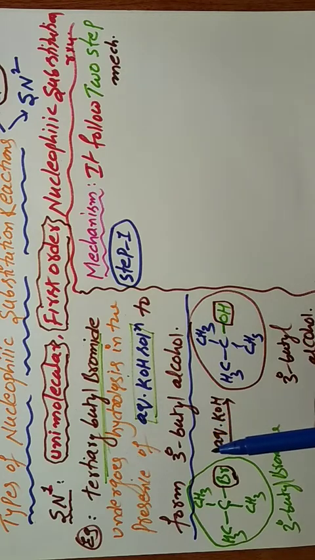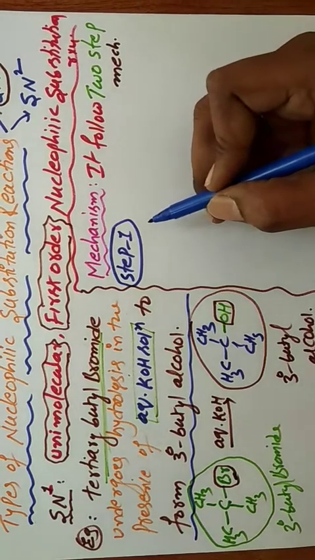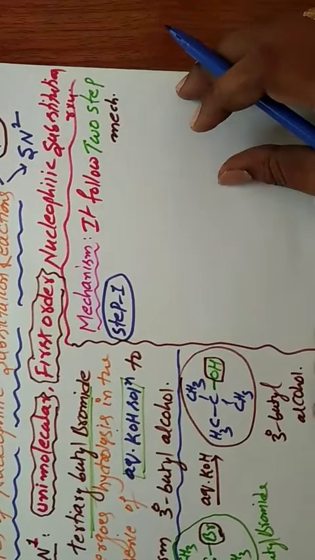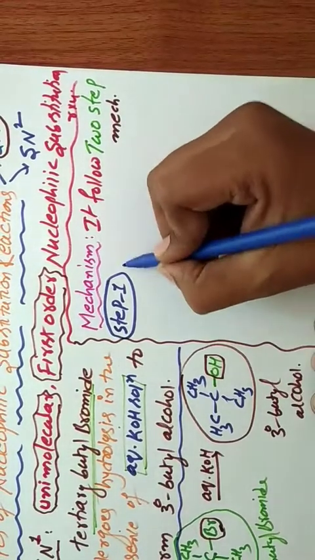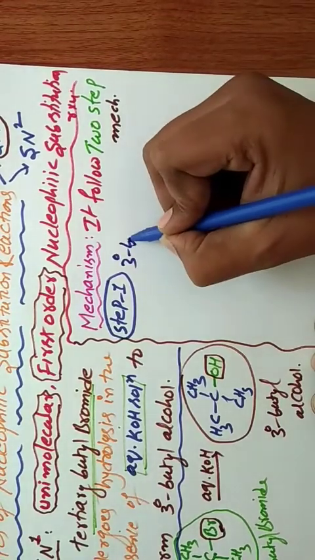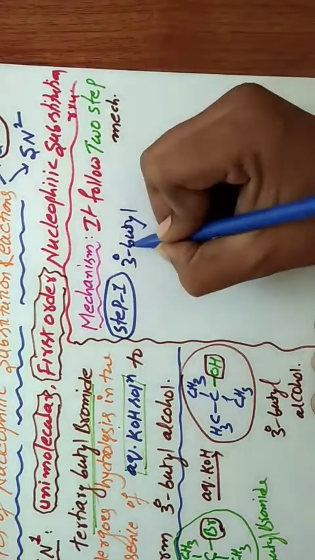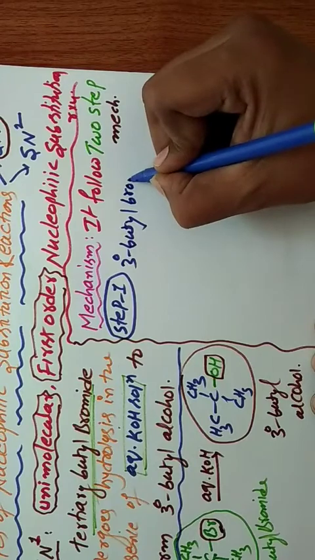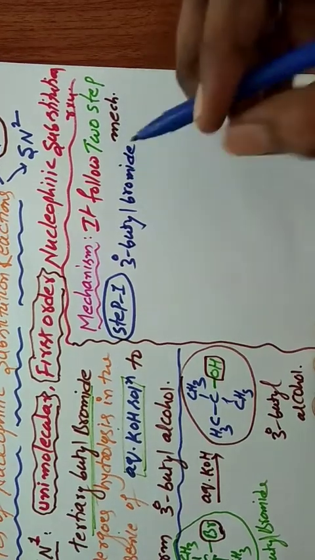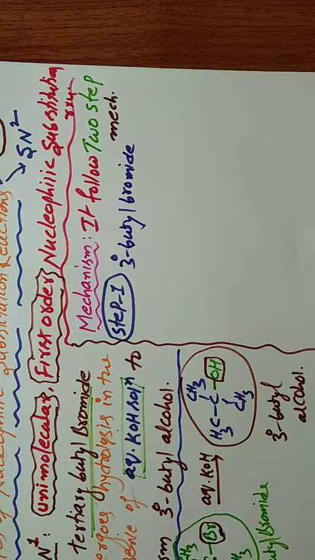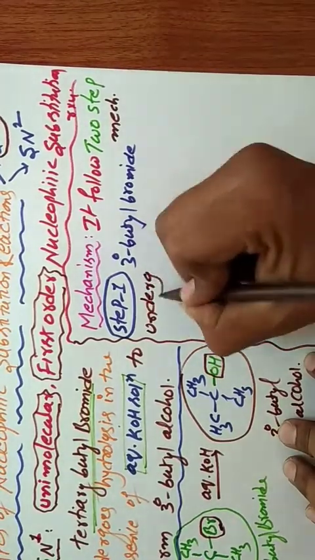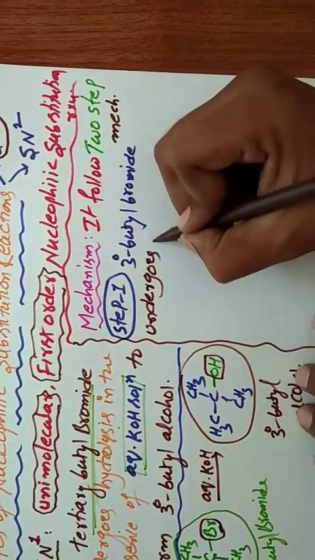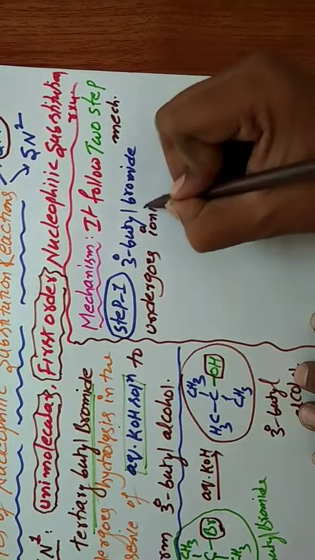So what is the statement of the first step? Tertiary butyl bromide undergoes ionization.